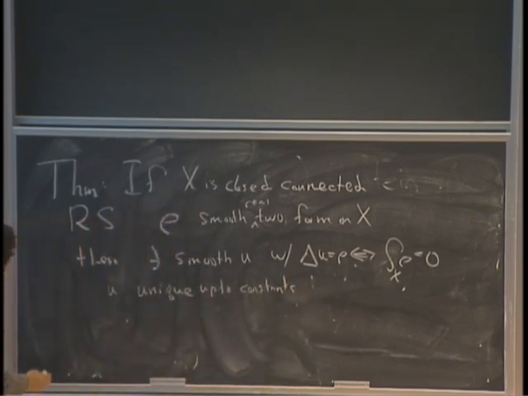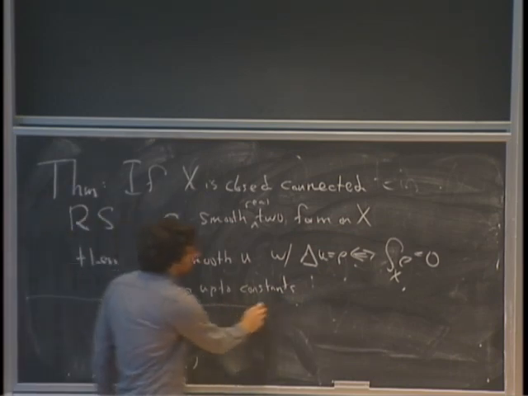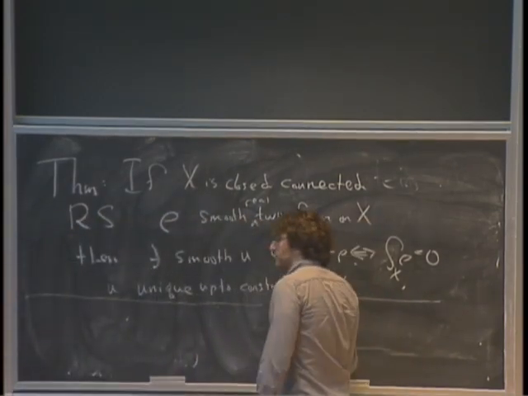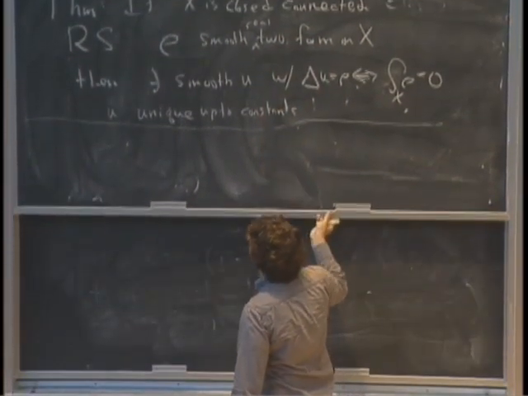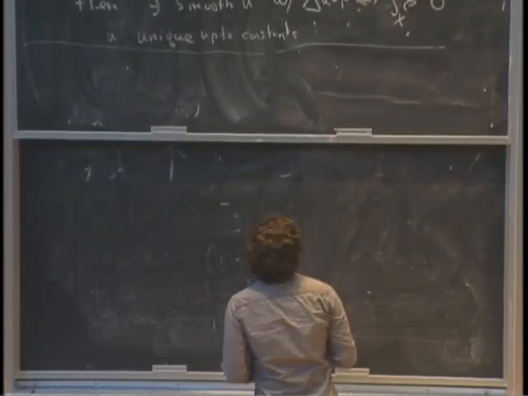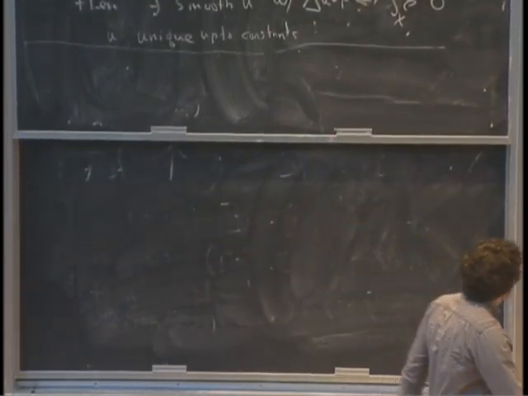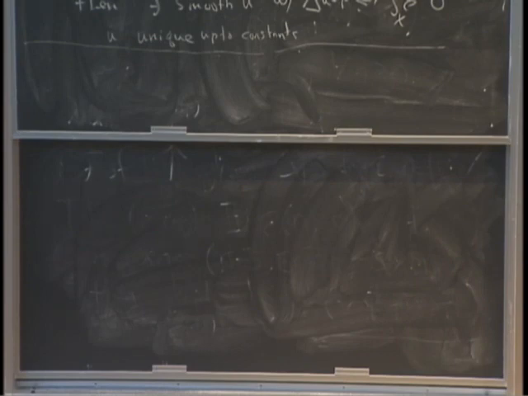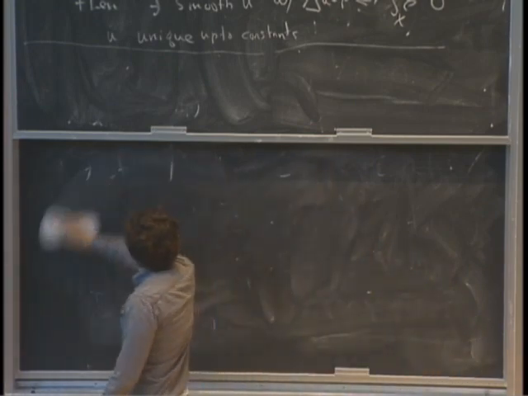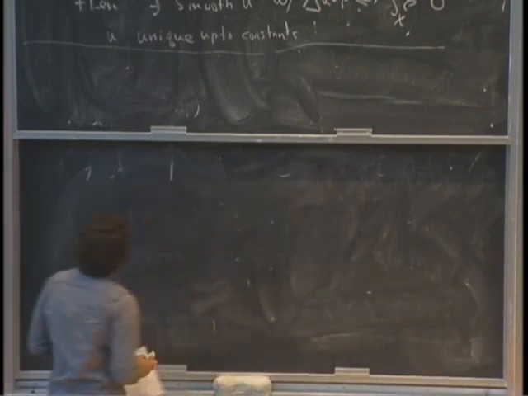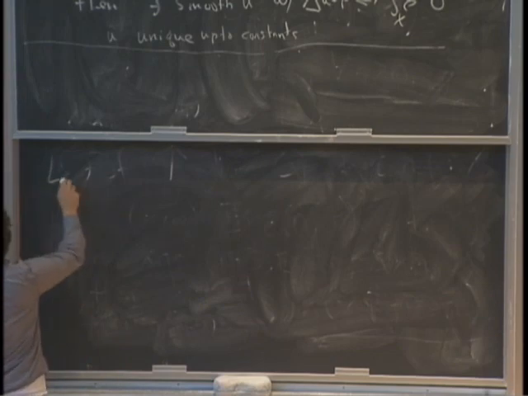Okay, so last time I tried to convince you that we could get the existence of such a U, at least in an abstract sense, in some kind of Hilbert space.